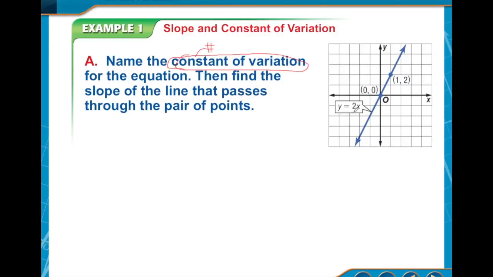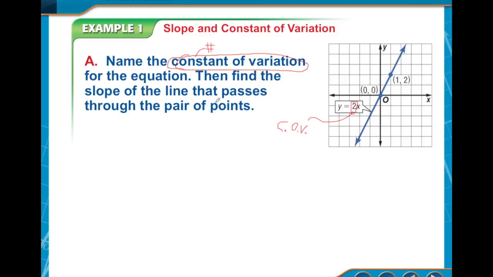Well, it's this number attached to x. In this case, the number 2. That is our constant of variation. We can label that COV. That tells you how the graph should be graphed, what it should look like, how steep the slope is. So the COV for this problem is 2.